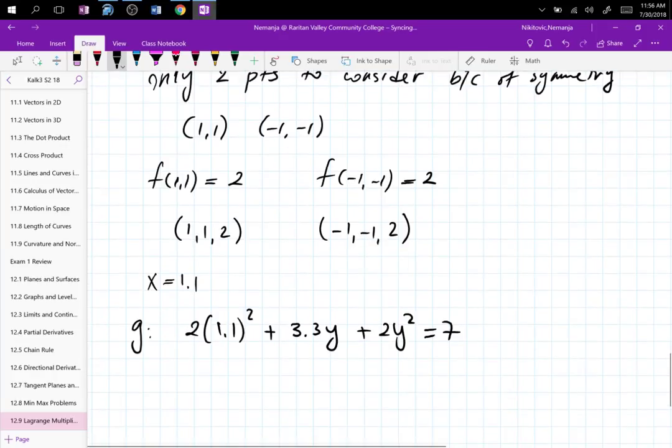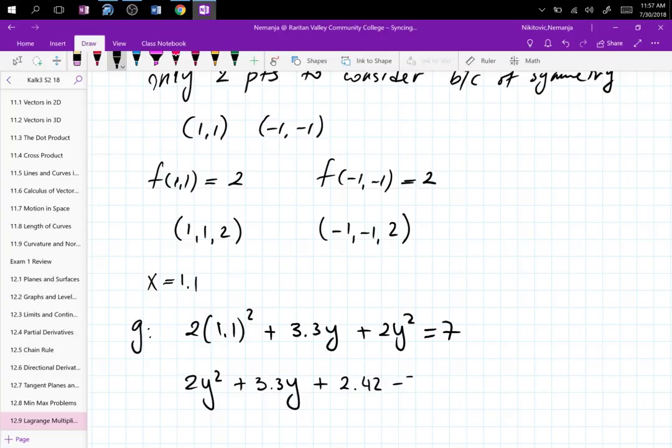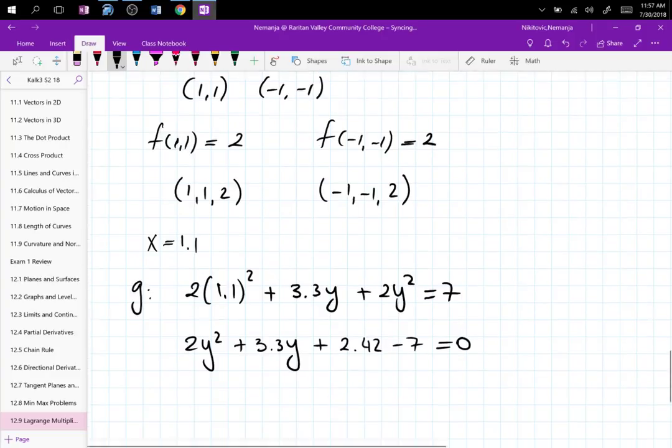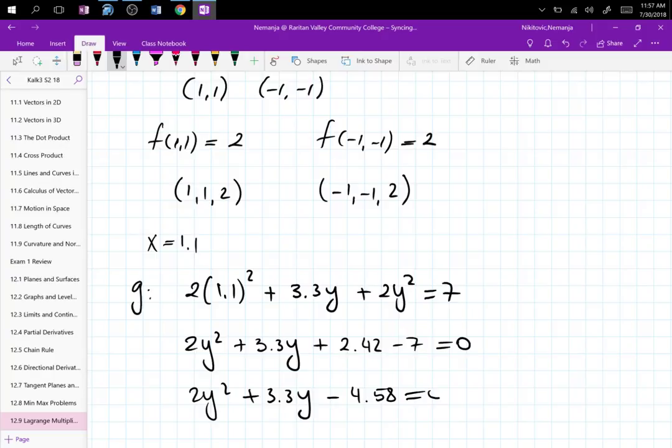All right, so let's go. This is going to be 2y squared plus 3.3y plus 1.21 times 2, so 2.42, and then minus 7 equals 0. So 2y squared plus 3.3y minus 4.58 is equal to 0.